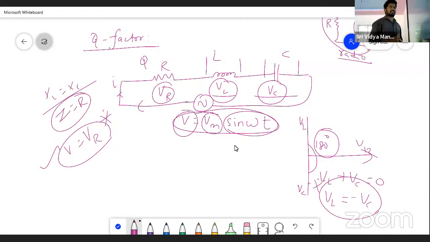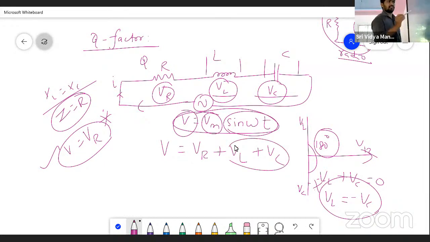So V is equal to Vm sin omega t, which means V is equal to VR plus VL plus VC. VL plus VC value is equal to 0 because the two voltages are 180 degrees out of phase. That's why the value is equal to 0. So V is equal to VR.